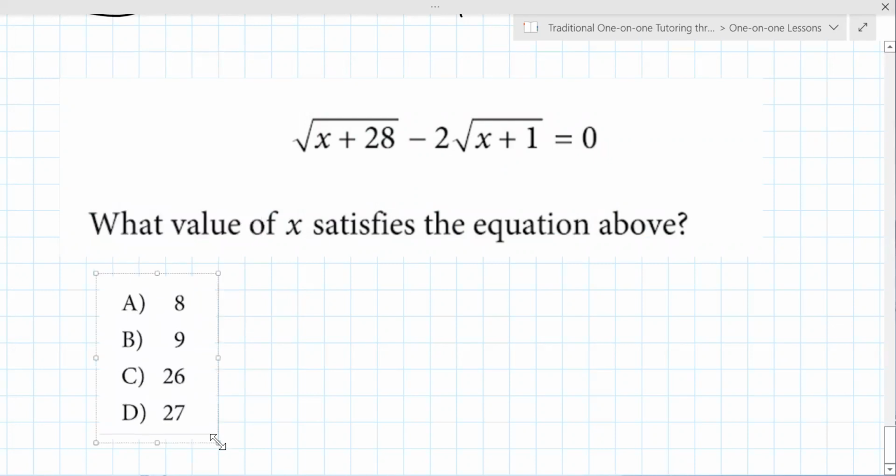Now, when you try the answers, the strategy on the ACT is to try B and D. It's called the BD approach.